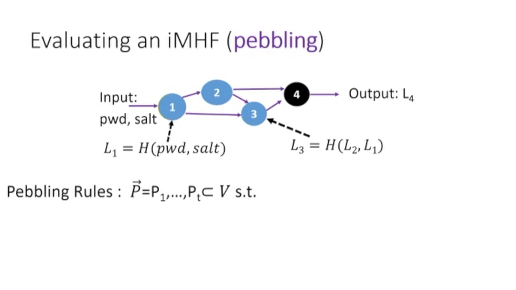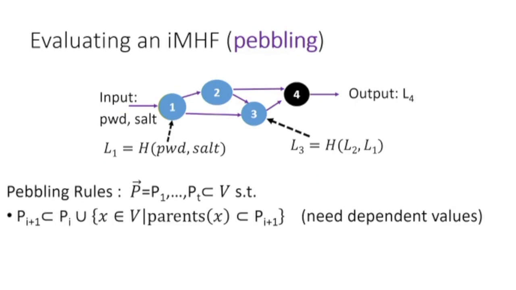Basically what this is saying is, right, if you place a new pebble on the graph at time i, then at the previous step, you better have had all of the dependent data labels already stored in memory. Otherwise, there's no way you could have computed this new label. And then the final constraint here just says that you have to finish. So you have to compute the final output label, which means that at the end of this pebbling, you better put a pebble on this last node, because that's your output.